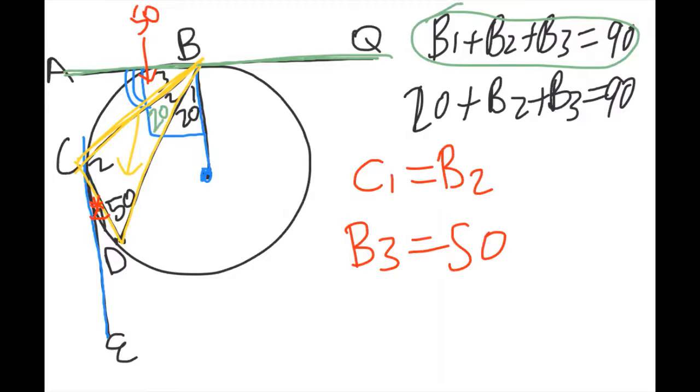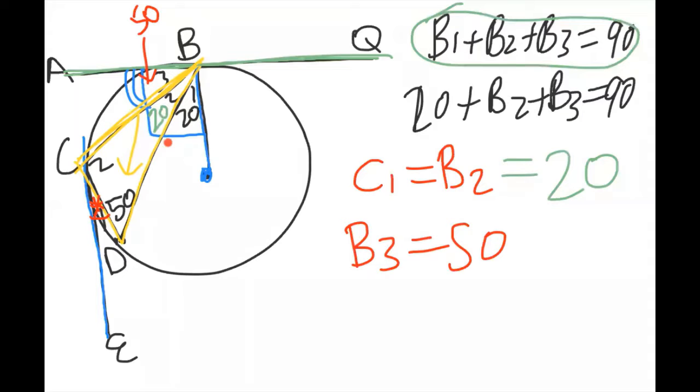So C1 equals B2 equals 20. And there we have C1. C1 equals B2 by the tangent chord theorem, and B2 we worked out: B1 is 20, B3 we worked out as 50, and the answer is 20.